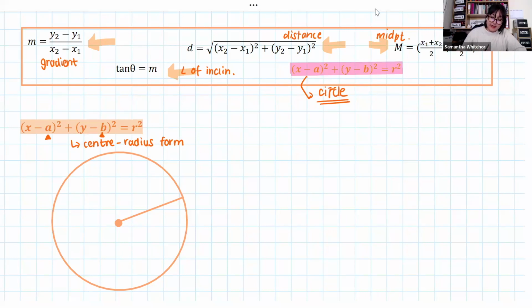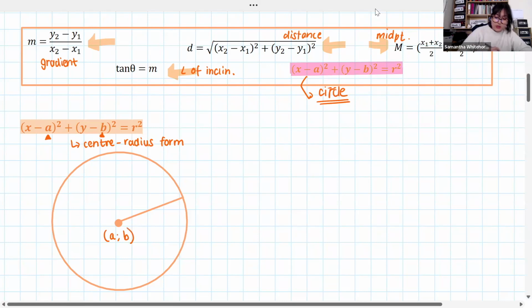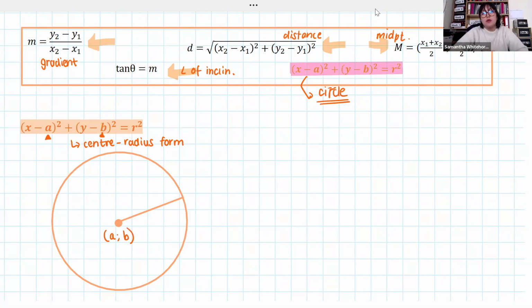Nice, Leila, exactly. It gives us the coordinates of the center of our circle. Excellent. A is your x coordinate, B is your y coordinate. What I need you to remember though is that it's counterintuitive again. Like with the shifts left and right with your graphs, it's the same idea.